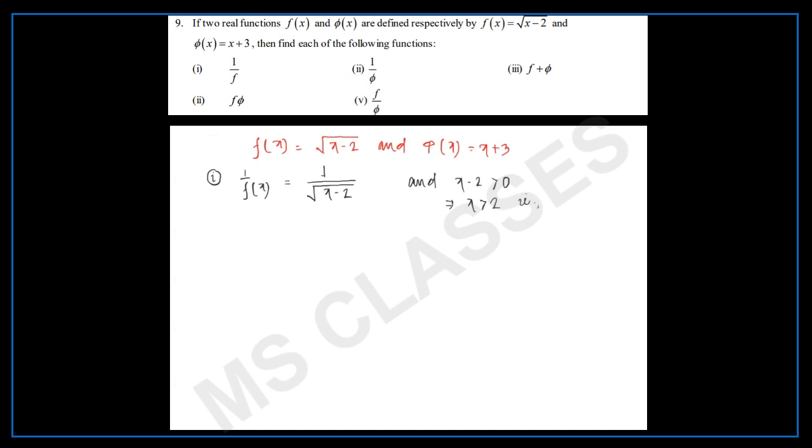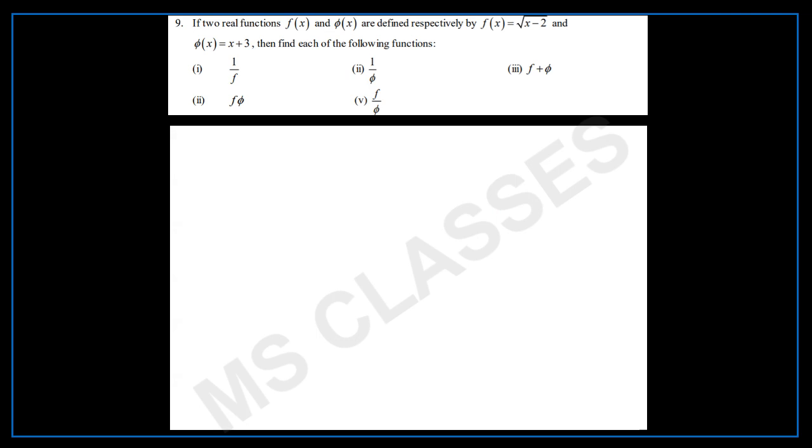That is, x belongs to (2, ∞). So part 1, 1 by f(x), that is 1 by root over x − 2. Here, the domain is obtained when x − 2 is greater than 0, not equal to 0, because when x − 2 is equal to 0, this will be undefined. So x is greater than 2, that is x belongs to (2, ∞).